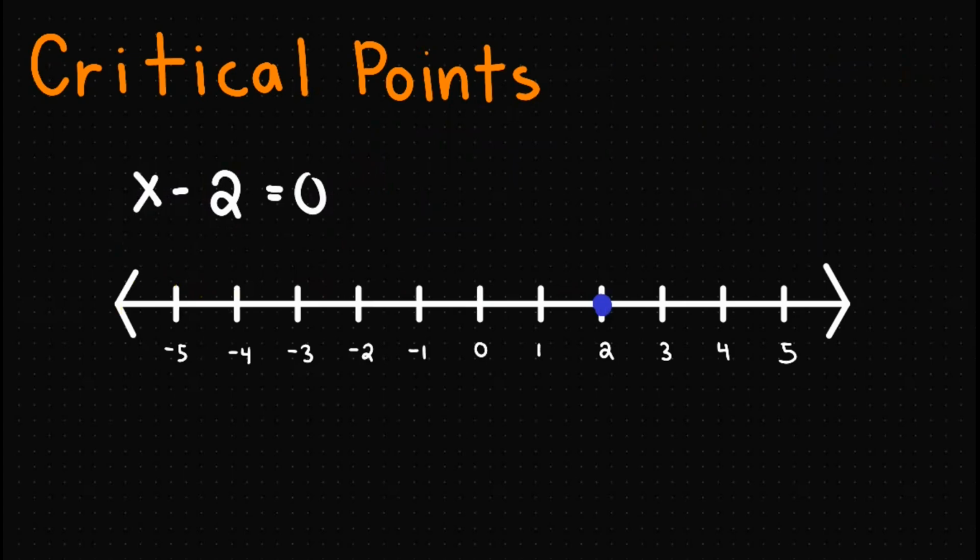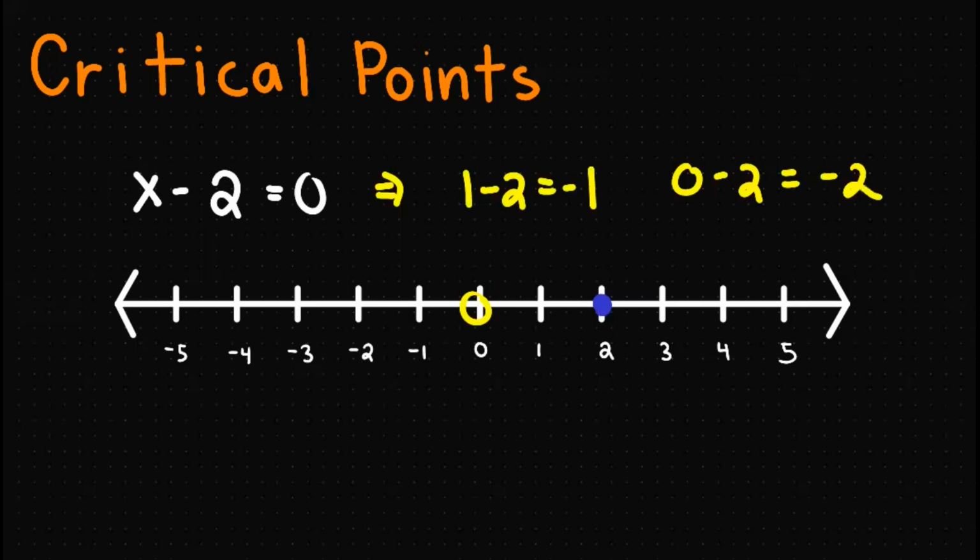Indeed, if we plug in x equals 1, then the outcome here will be 1 minus 2, which is equal to negative 1, so it's negative. If we plug in 0, we'll have 0 minus 2, which is negative 2.